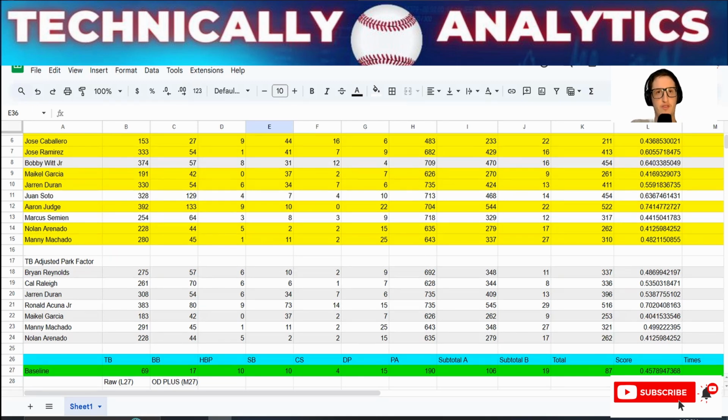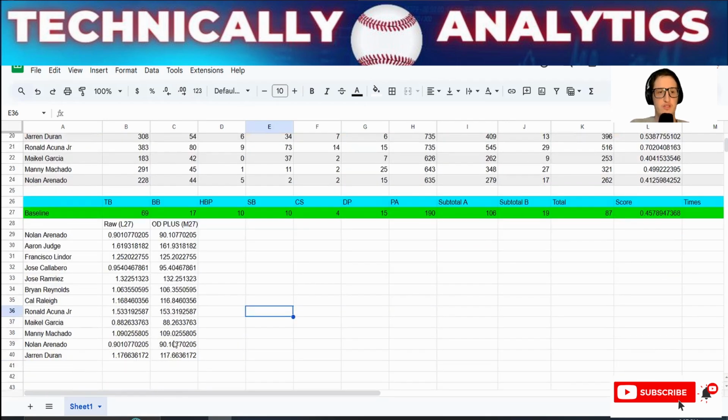But his park factor actually increased his total bases, so it helped him a tad, and he was still a little bit above average. I think maybe the park factor is really helping him out more than some players, and this is the case with every stat. You're going to find examples of them being helped or hurt by this.